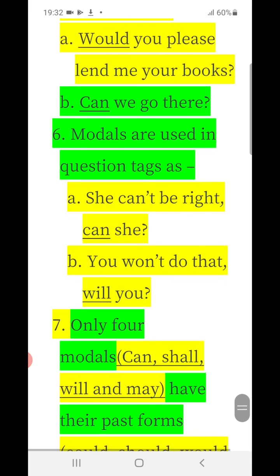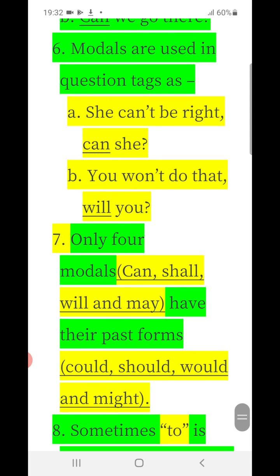Number 6, modals are used in question tags. Number A, she can't be right, can she? Number B, you won't do that, will you? So she can't be right, can she?